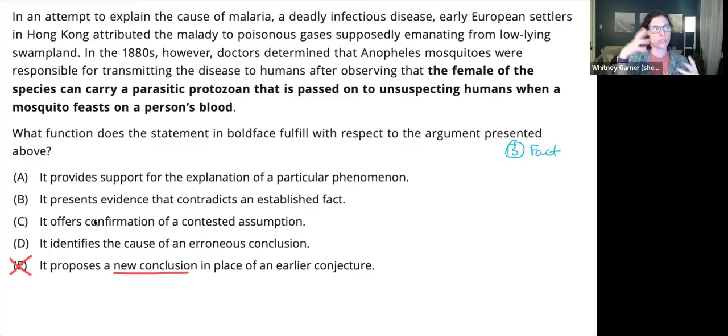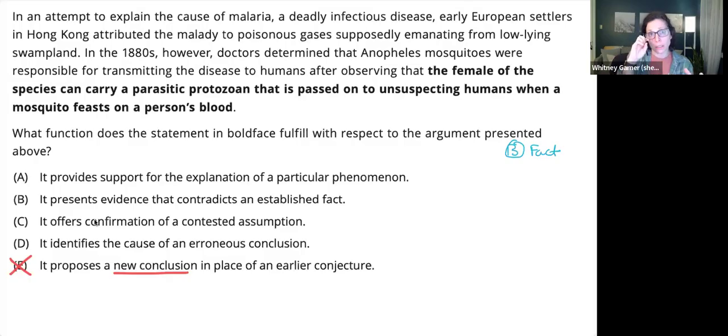So what's the conclusion? The conclusion is that, oh no, it wasn't poisonous gas, it's actually a mosquito. So the correct cause and effect would be that mosquitoes cause malaria. And this was after observing that the female of the species can carry this thing to unsuspecting humans.